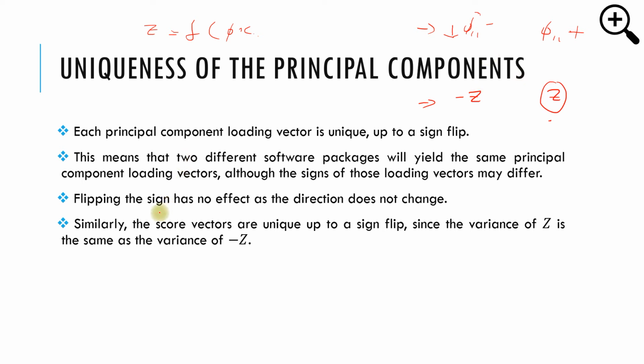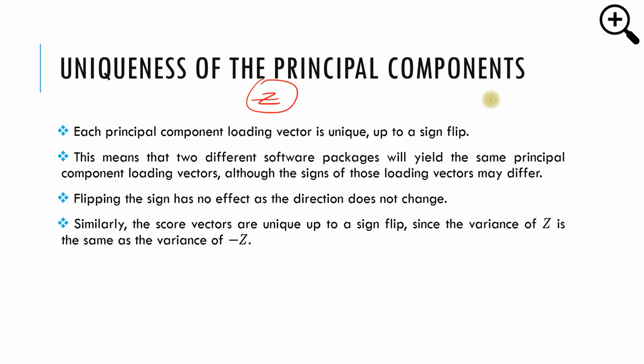All right. So this is why I say that the principal components are unique. Don't be afraid of the negative sign. If in one case you have a negative factor loading and in another case you have a positive factor loading, you also need to check the Z score. You will see that they bring the same interpretation in the end.